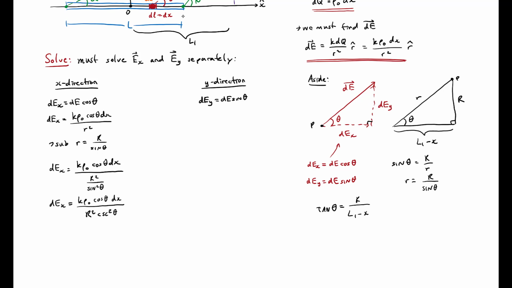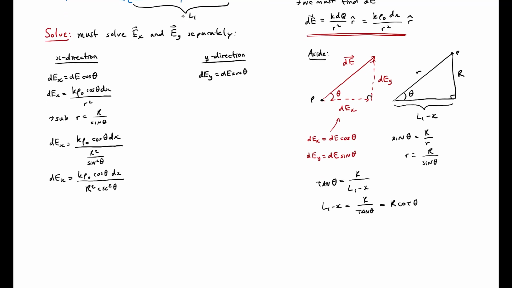So that means I have L1 minus x equals R over tan theta, or R over cotangent of theta. So what if I had d over dx? I'm going to integrate everything.